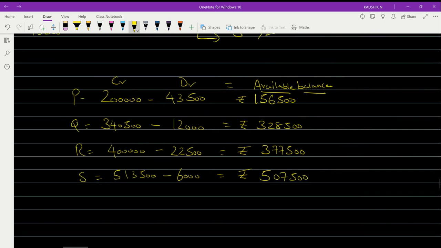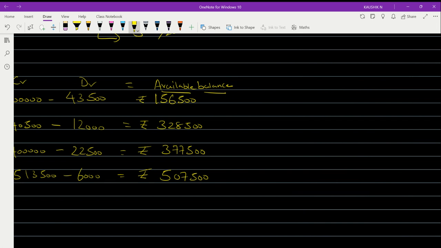So we have found what is the available balance in each of these partners, separately. Now, you total up all these amounts together. Total the value and tell me how much you get.